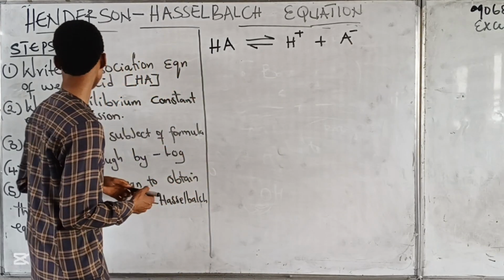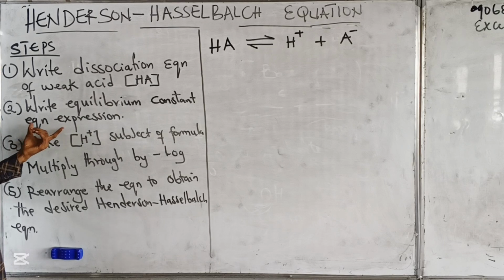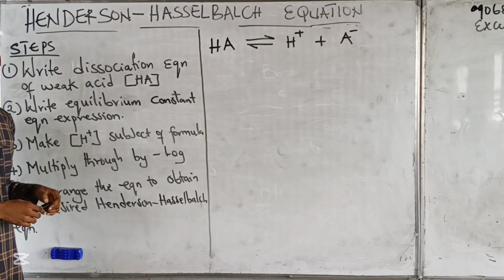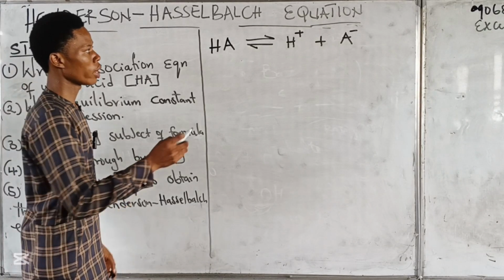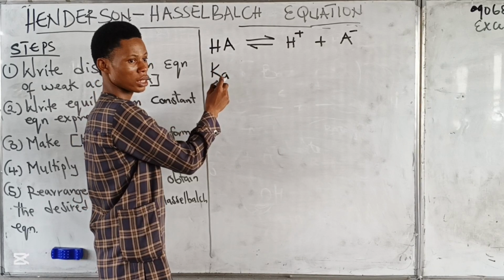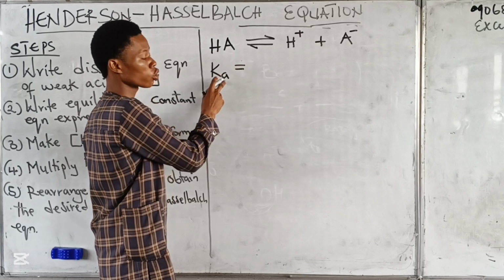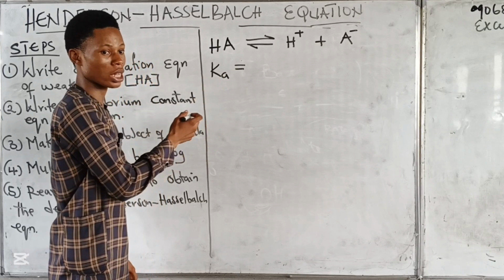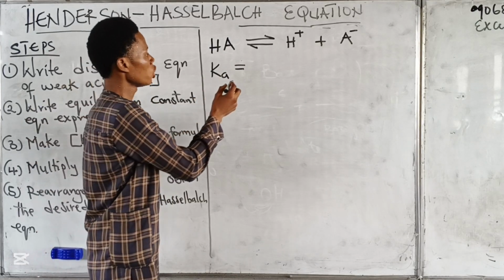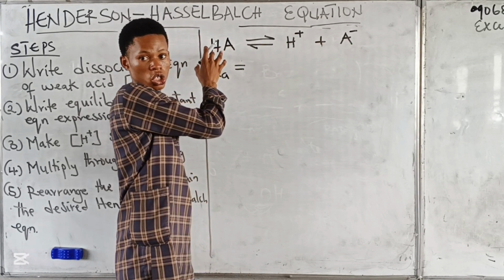Good. Now the next step: write the equilibrium constant expression. The equilibrium constant is given as Ka, the acid dissociation constant. It is given as the concentration of the products all over the concentration of the reactant.